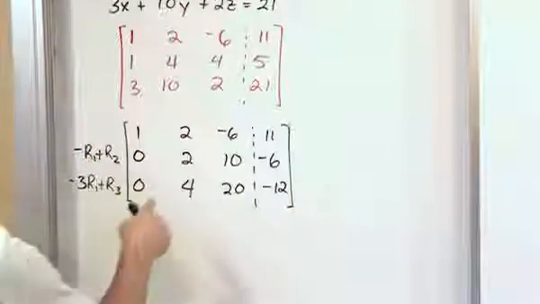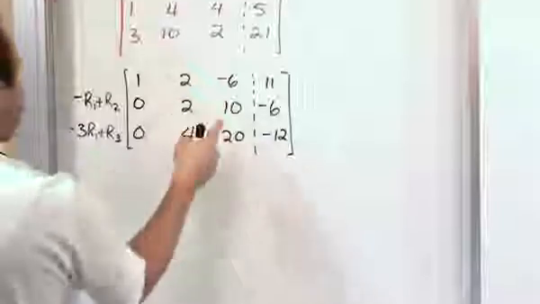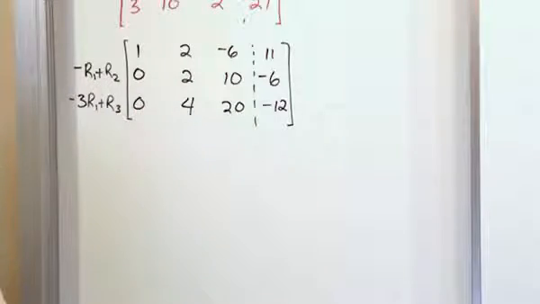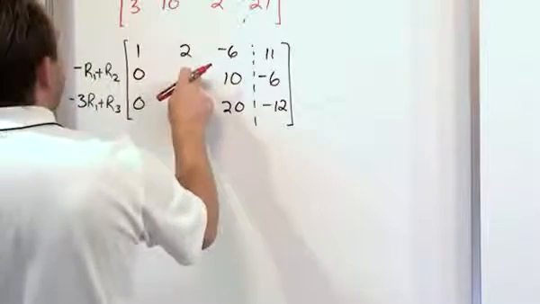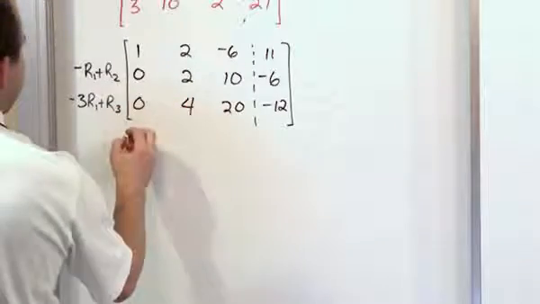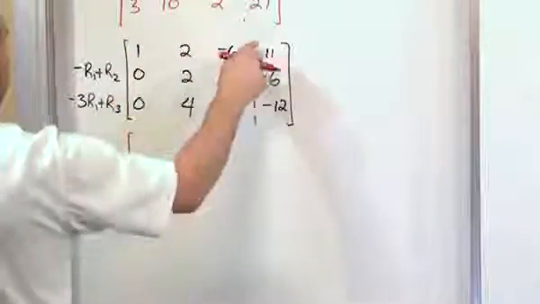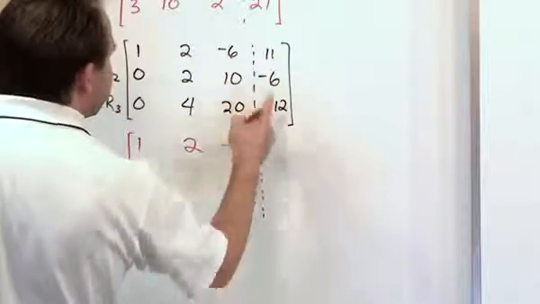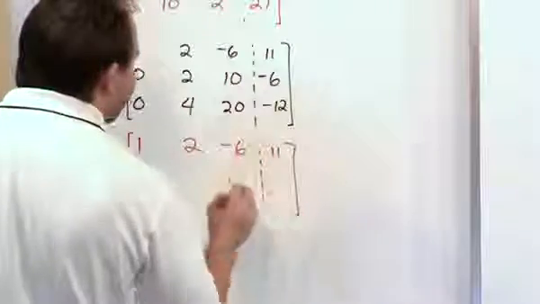The next thing I want to do is put a 1 in the center of the matrix, and then after that I'll put a 0 underneath it. But the top row is not going to change during this process. So 1, 2, negative 6, and that'll be 11, like this.